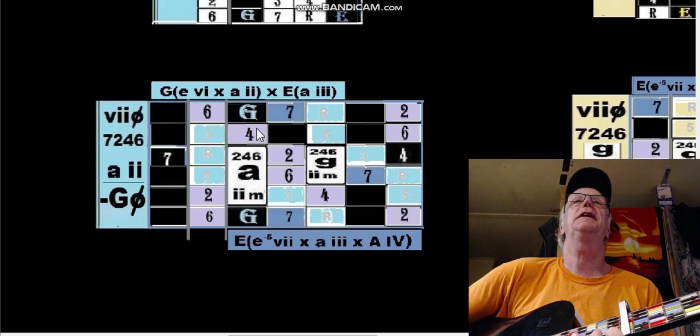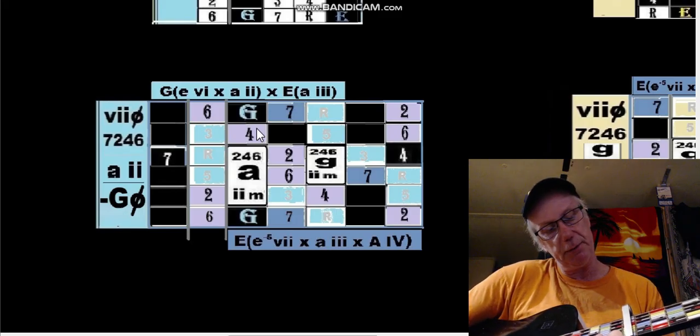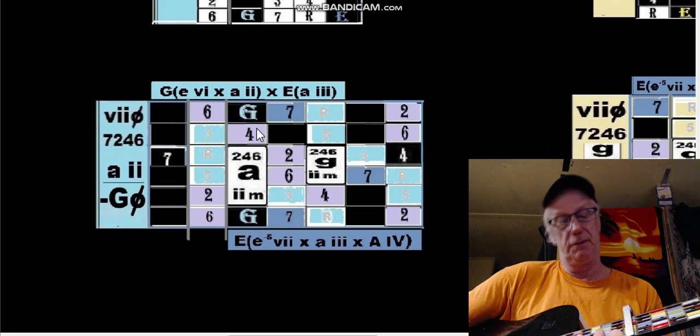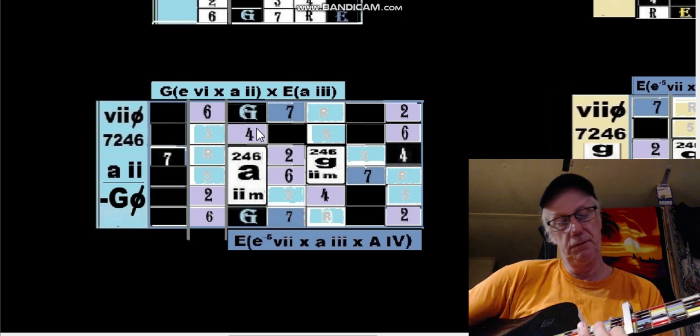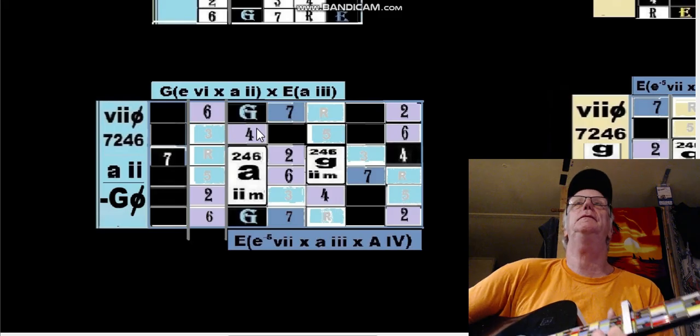Okay, the 4, I did get that. Now, how did we end up getting that with the capo on the 6? Oh, well, it is accessible. It is accessible. You never know.